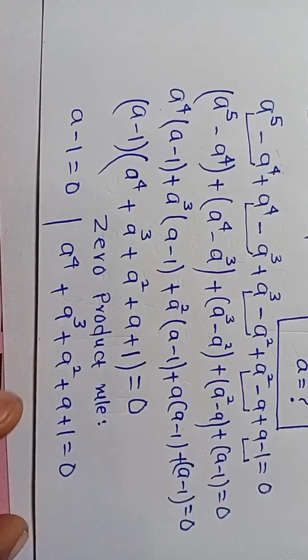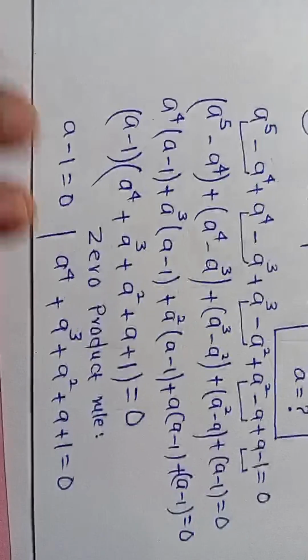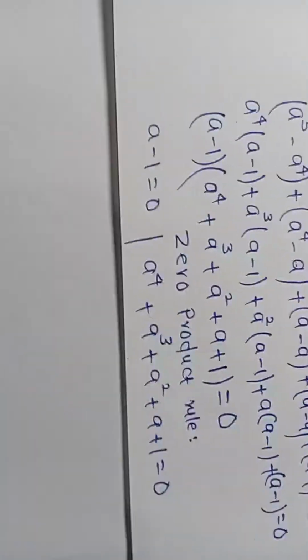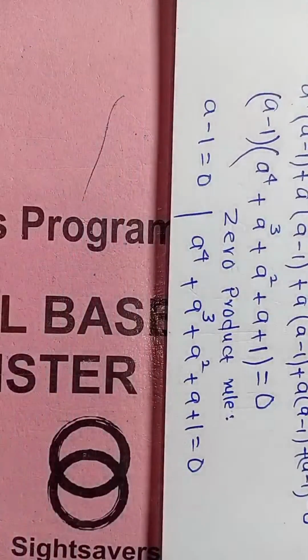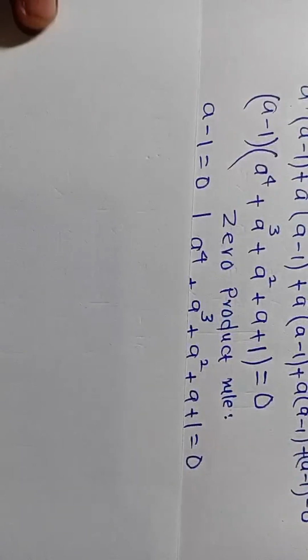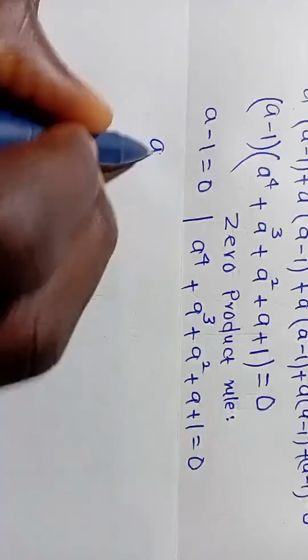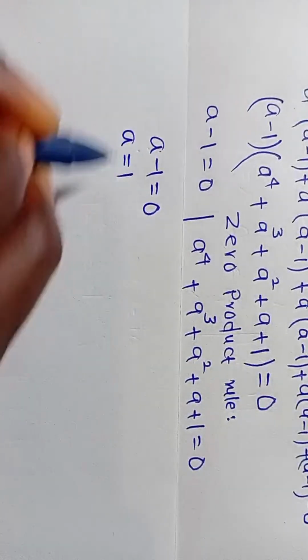So from here, you can see A minus 1 equals 0, and we have A to be equal to 1.